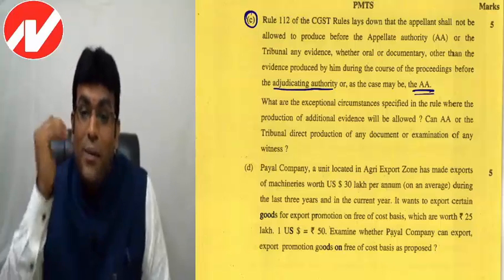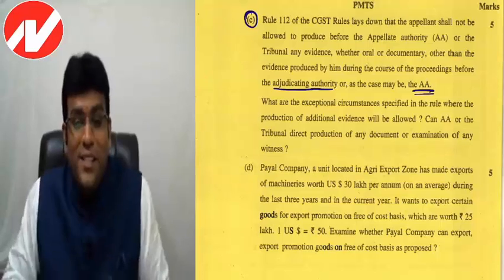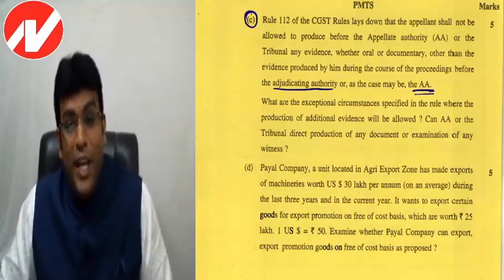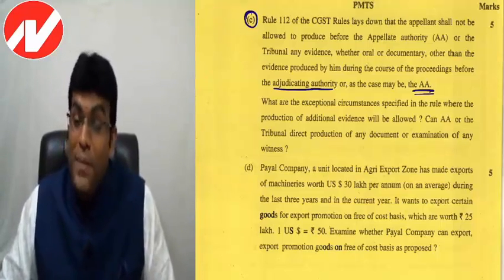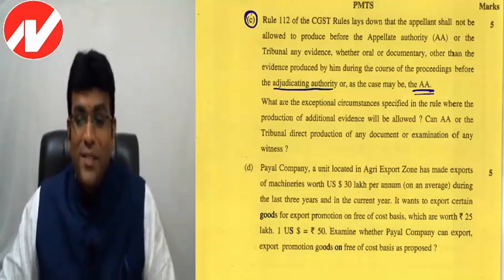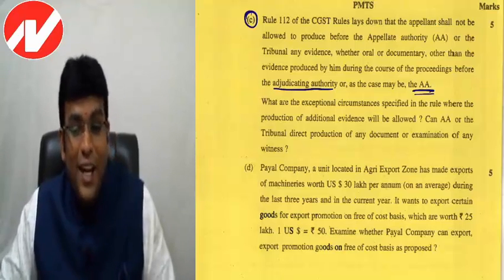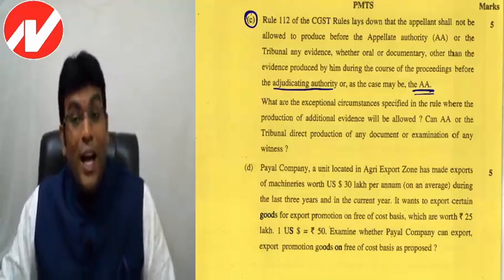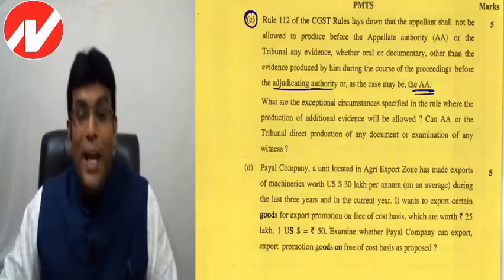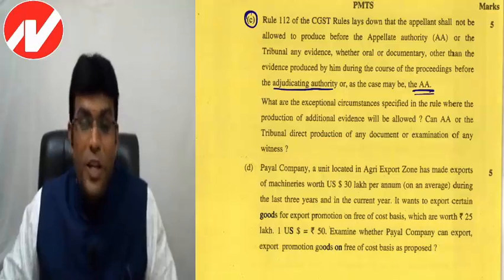They did not take some evidence, so I'll request a higher authority, please take this evidence. Second, one more case where the appellant was prevented by sufficient cause from producing that evidence. Then one more point, the adjudicating authority or appellate authority passes the order without giving proper opportunity of being heard.